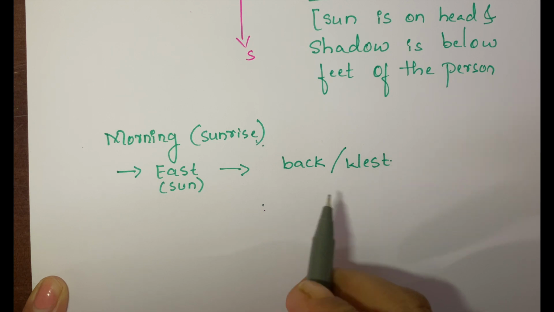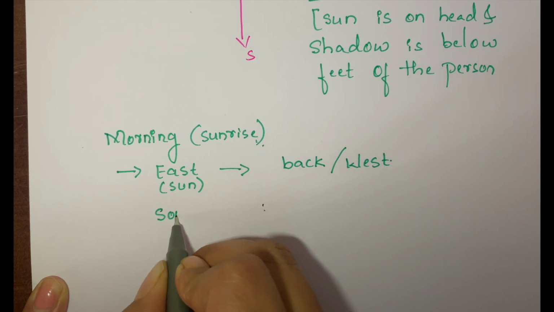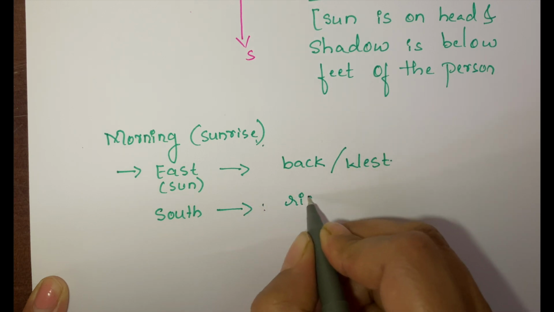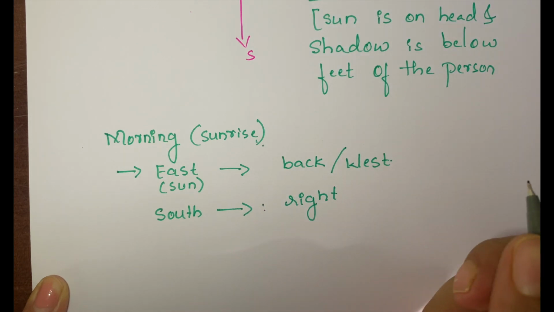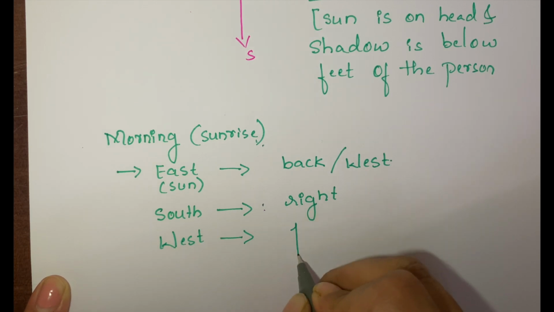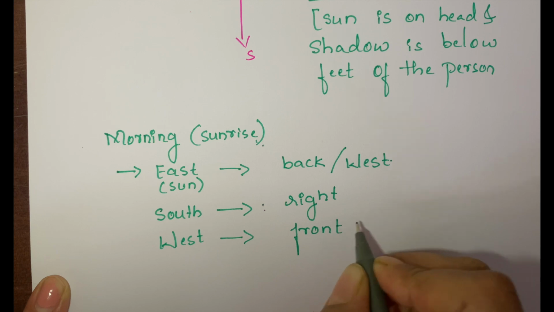So if a person at sunrise is facing the sun or east, then his shadow will be at the backside of him, or to the west. If he is facing south, then his shadow will be at the right. If the person is west facing, then the shadow will be in the front.